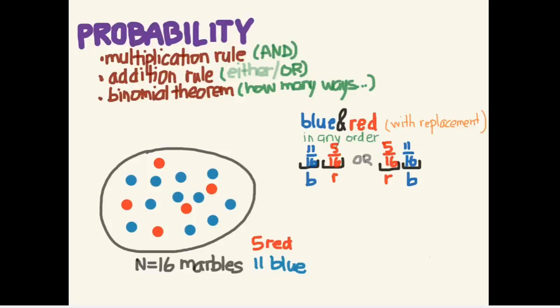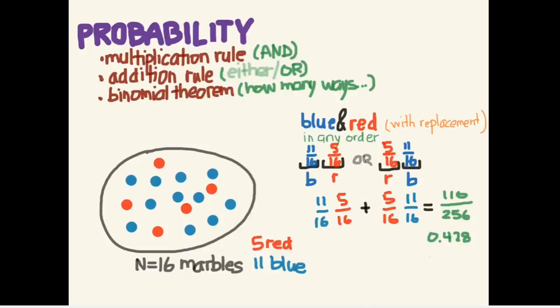So mathematically this translates to getting a blue and a red, with a multiplication happening here, or getting a red and a blue, with a multiplication happening here. And in between, we have that addition. And this probability would be about 43%, 110 over 256, or 0.428.